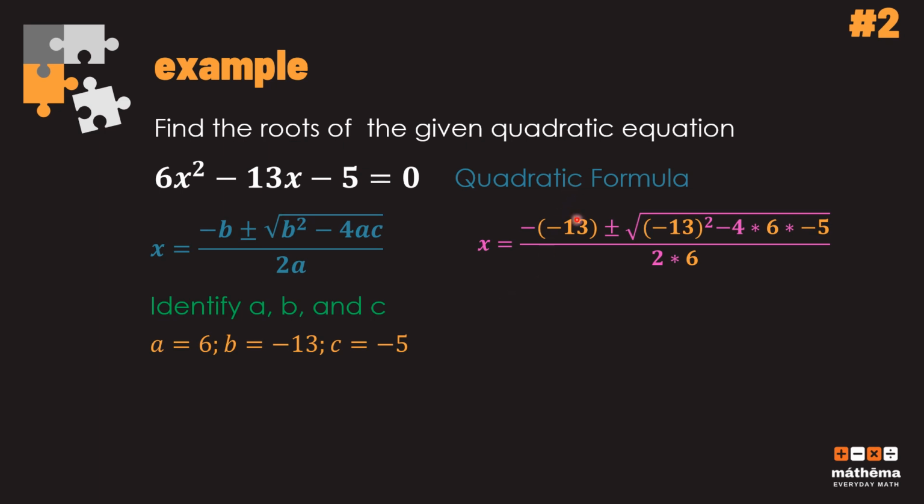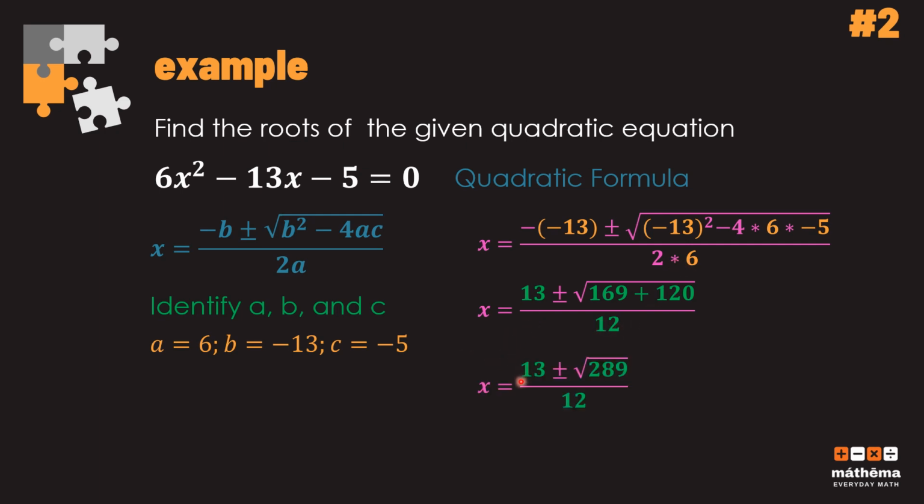Now, we will just simplify things. Negative times negative will give you a positive, so negative of negative 13 is just positive 13. Negative 13 squared is 169, plus negative 4 times 6 is negative 24, times negative 5 is positive 120. And then 2 times 6 is just 12.